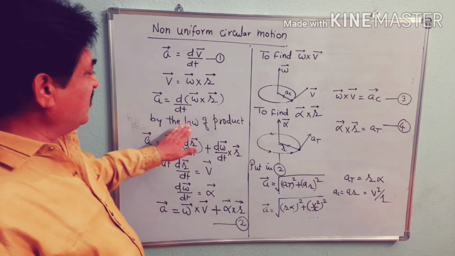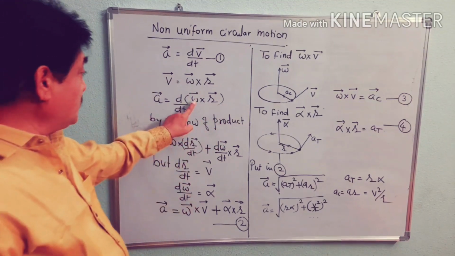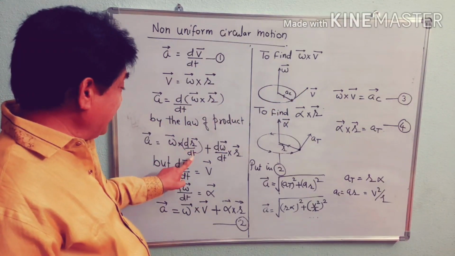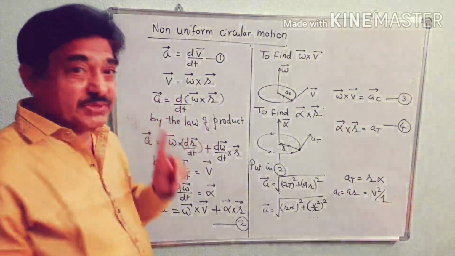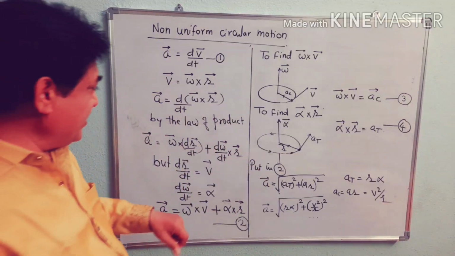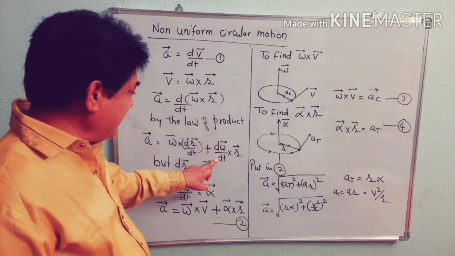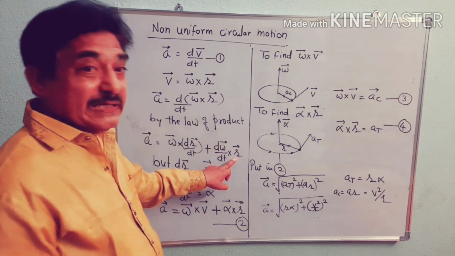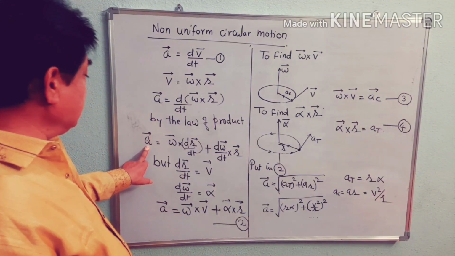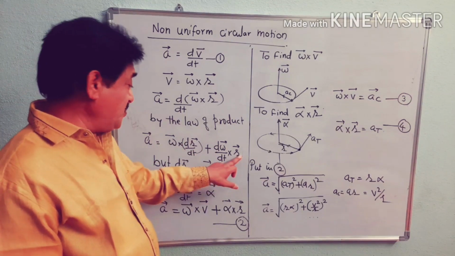Using it, we take the first term, omega, and differentiate the second term, dr by dt, plus the differentiation of the first term, d omega by dt, into r. So acceleration a is equal to omega cross dr by dt plus d omega by dt cross r.